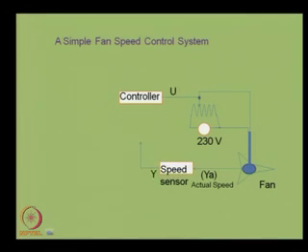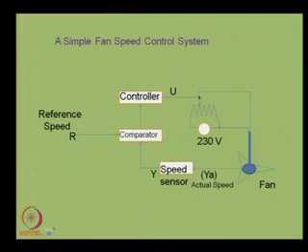When we apply different input voltages, different fan speeds result. Now, what happens? I wish to have a constant or fixed fan speed. Suppose I wish to have 1500 RPM from the fan.